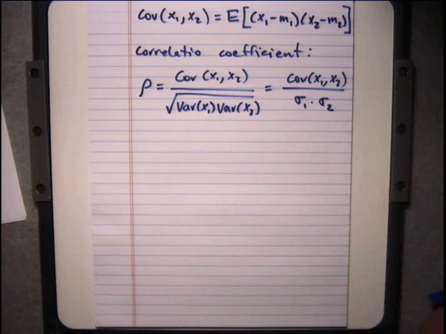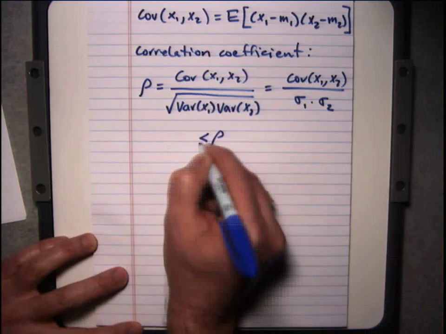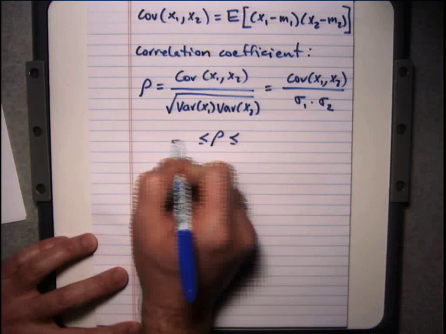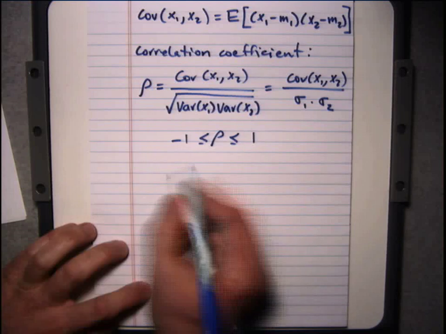Now, what is the meaning of the correlation coefficient? The correlation coefficient, rho, is a number between -1 and 1, always. The reason why it's between -1 and 1 is because of this normalization factor. So what does it mean when rho is equal to 1, or when rho is equal to -1? What it means is the following.